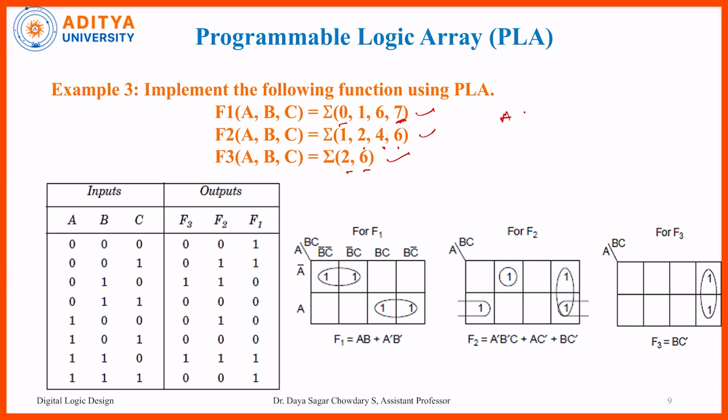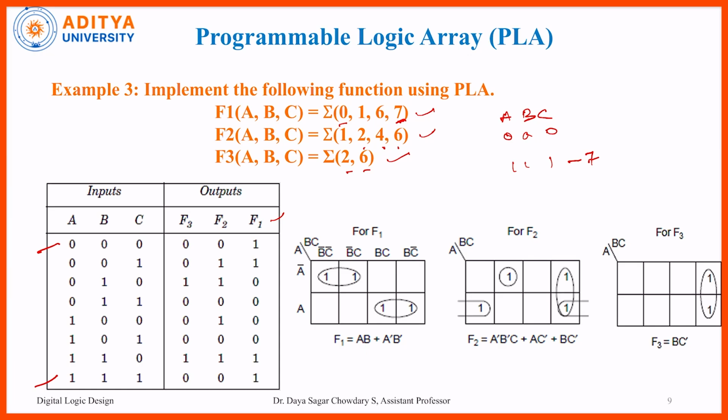That means 3 variables are there, A, B, C we can take. So from 000 to 111, that is 7, is the maximum. That is why we can use the combination 111. So the inputs are from 000 to 111, and F1 we can write.